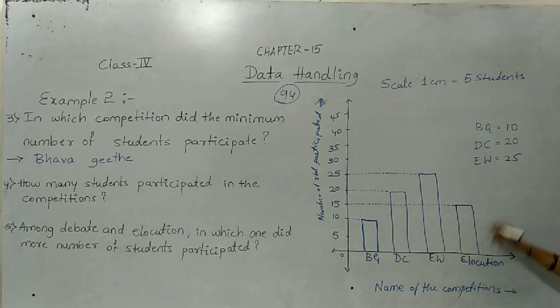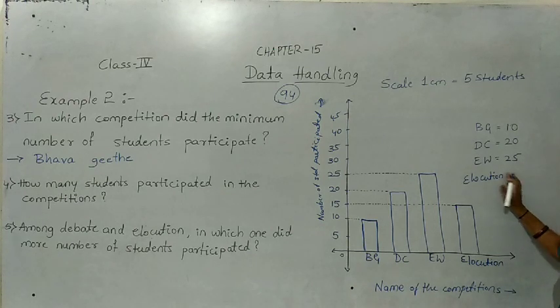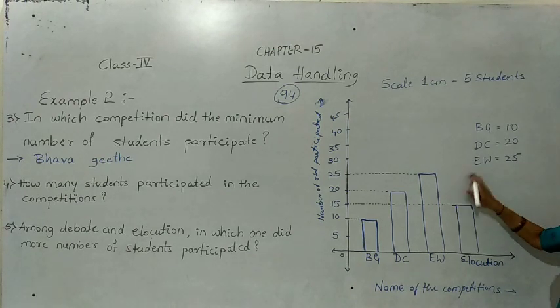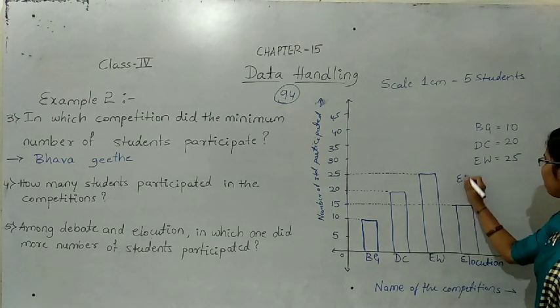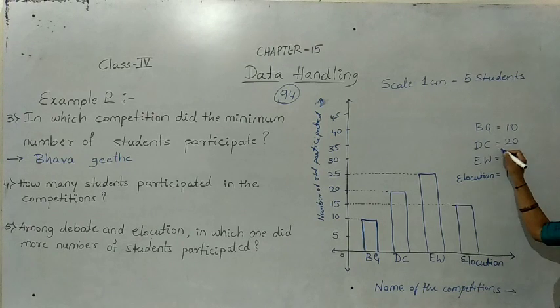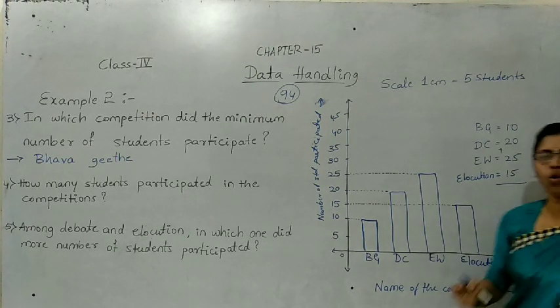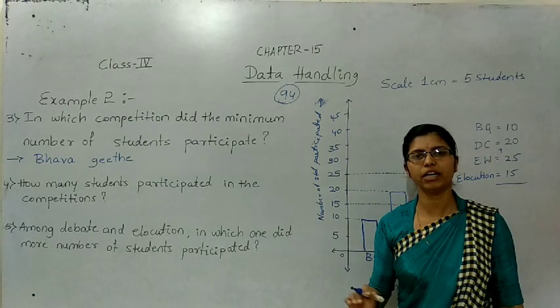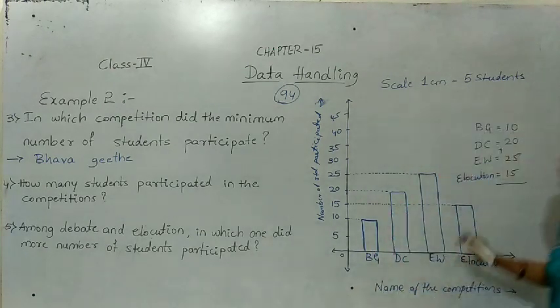And the last one is elocution, the number of students is 50. We should add these all. We will get the total number of students who participated in the competitions very easily.